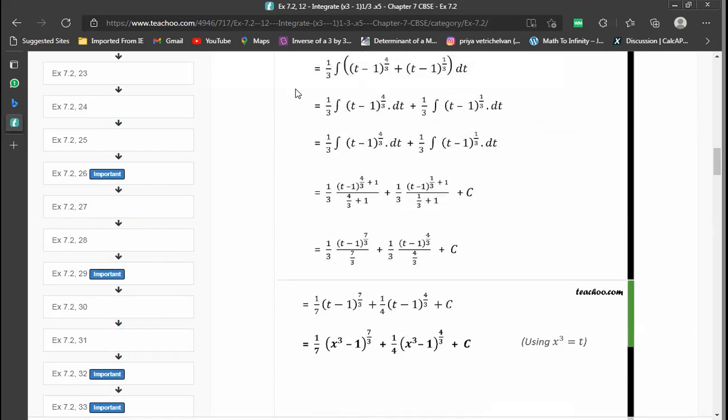We're just using the power rule here. After this LCM, we're just substituting the t as x cube.